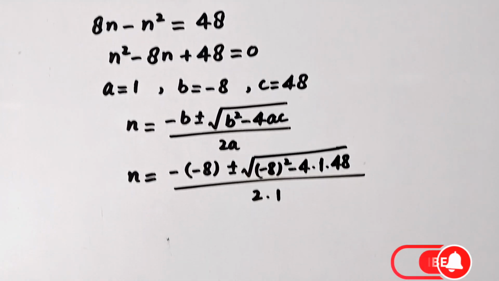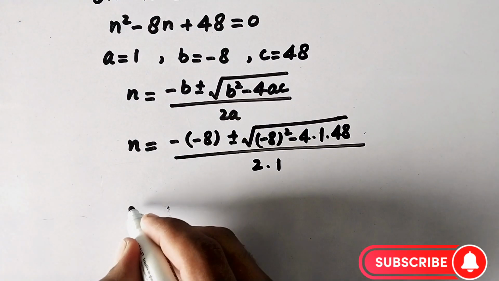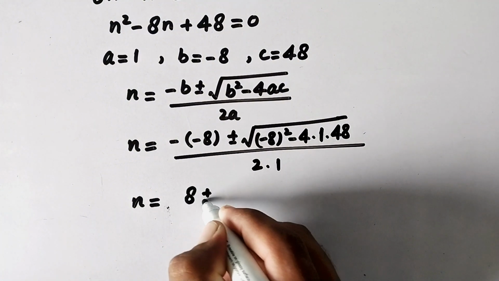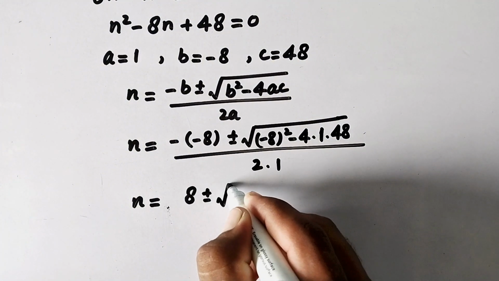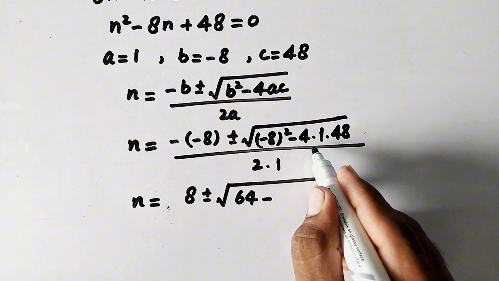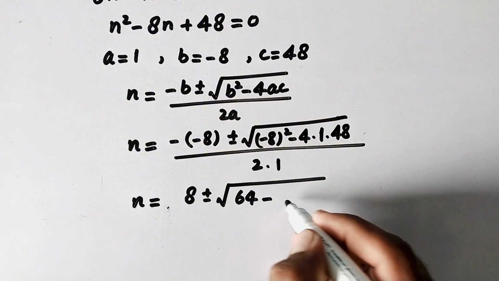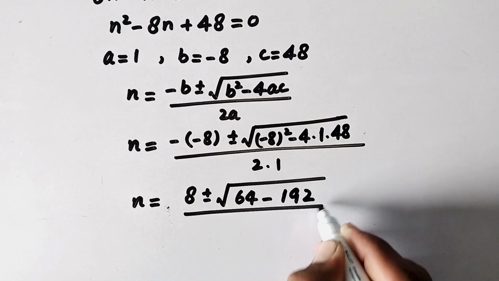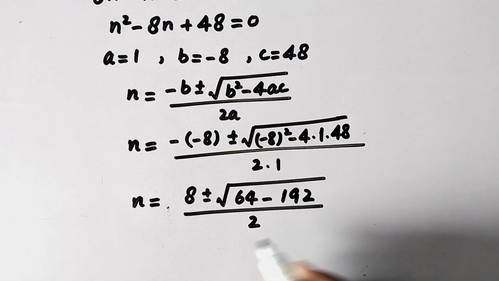That is now equal to 8 plus or minus root of 64 minus 4 times 48, which is 192, divided by 2.